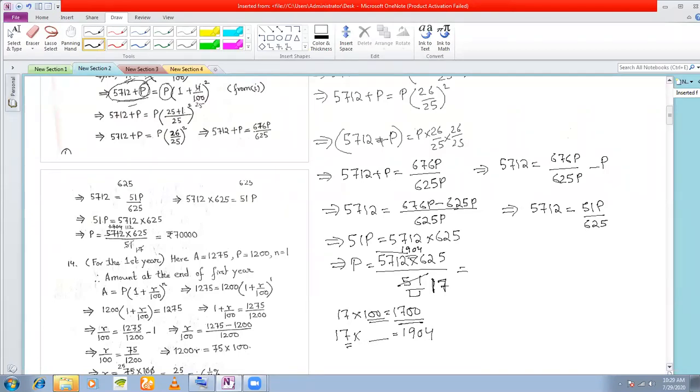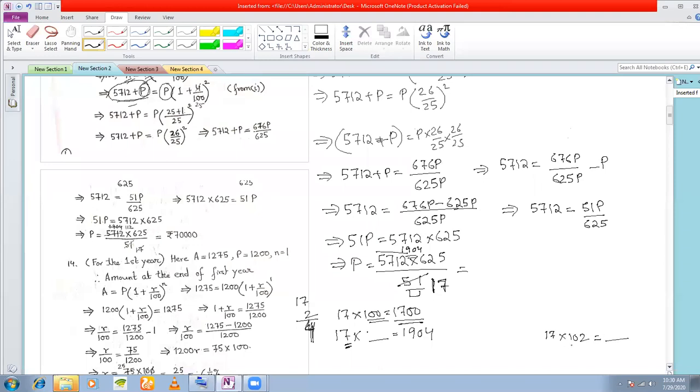Now you have to see the last digit. 17 into what single digit will give you the last digit as 4 in the product? 2. 17 into 2 will give you 34, so the last digit will be 4. So that means you try multiplying 17 into 102.